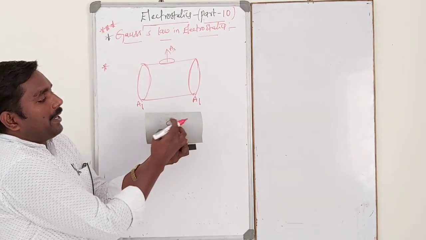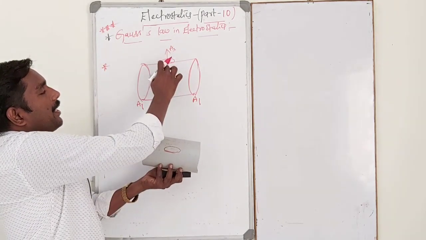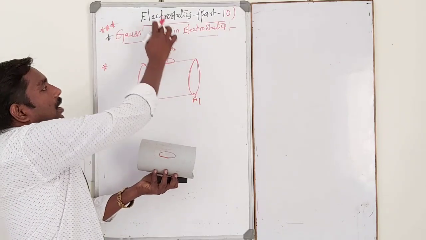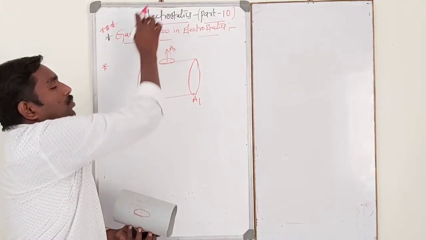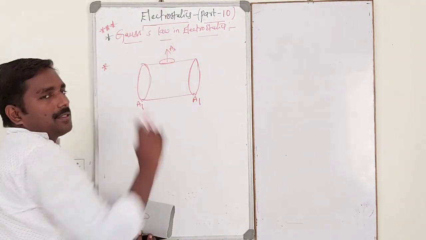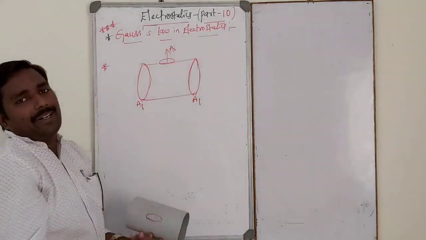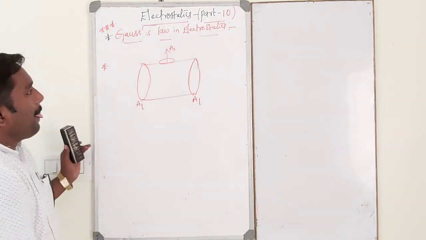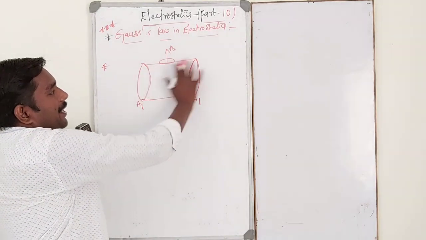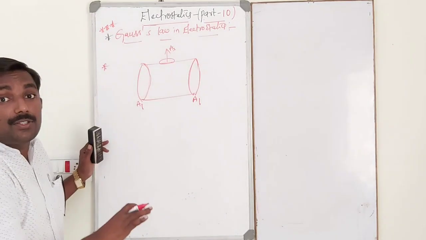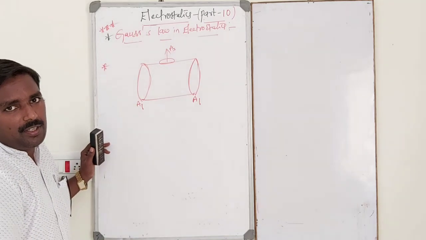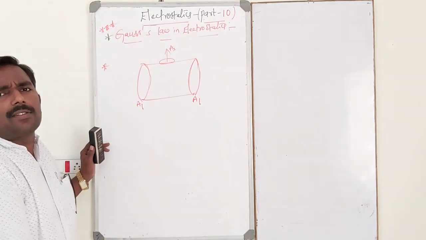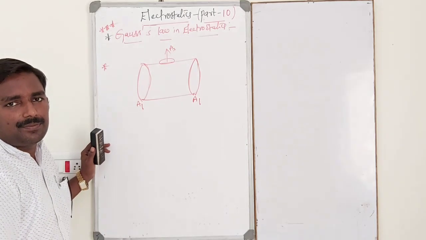The direction of this is outwards or upwards, radial outwards or inwards, whatever. Okay. So in this cylindrical surface, there are no charges. There is no charge means there is no flux. Flux will be 0.